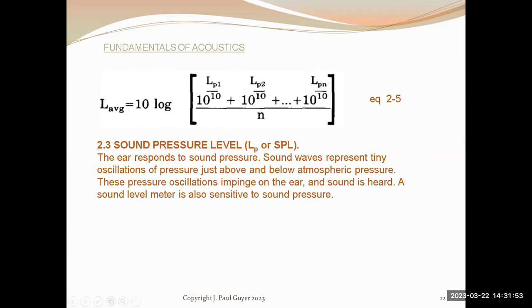Okay, sound pressure levels. What causes the human ear and the human brain to perceive sound is pressure on the eardrum. And that is in calculation form usually abbreviated L sub P, and in text form is usually written SPL.